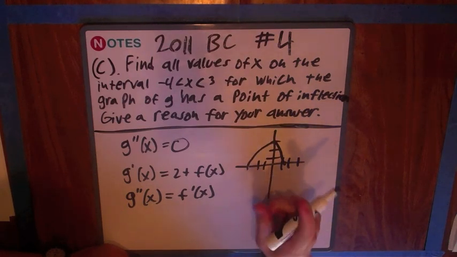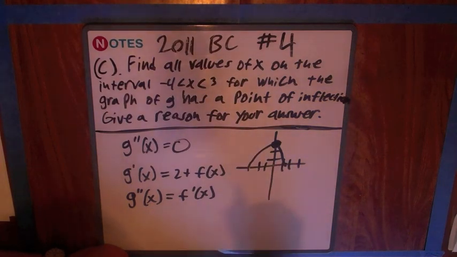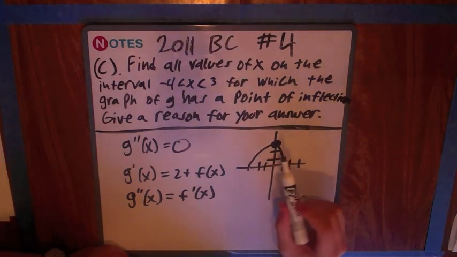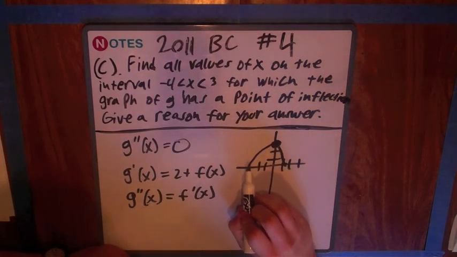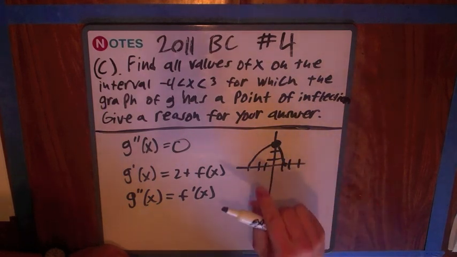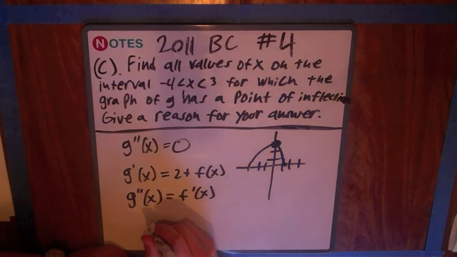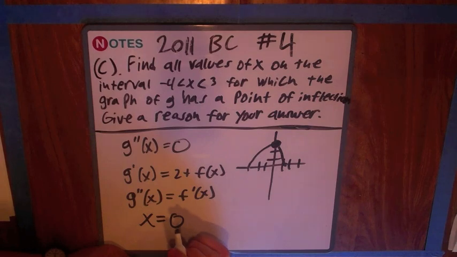There's only one point that does that, at x equals 0, right there. And the reason being is that on this side, increasing, increasing, increasing, decreasing, decreasing, which means that there is a change in sign. And that is what we're looking for. That means that the answer is x equals 0.